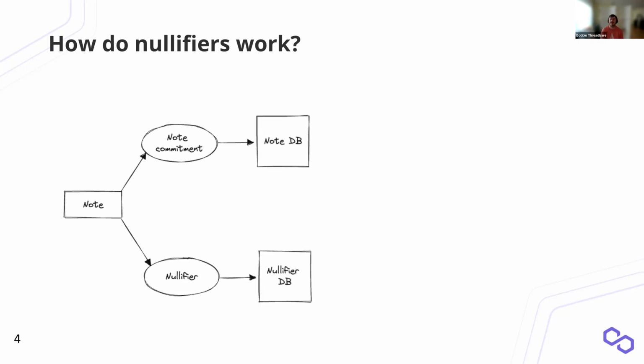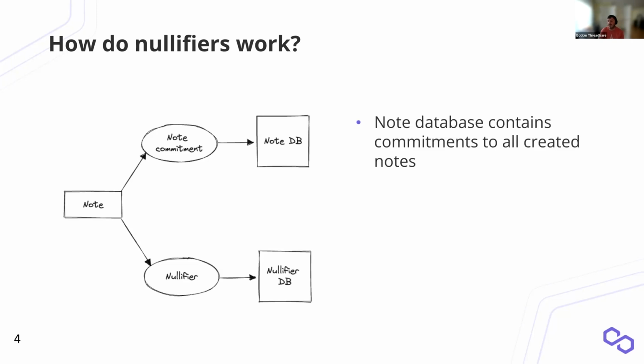And then this gets recorded. There are different ways to do it, but one way is to record them in different databases. For example, whenever a node gets created, it gets recorded in a node database. This is how we do it in Polygon Maiden. Whenever a node is consumed, a nullifier for that node gets recorded in a nullifier database.